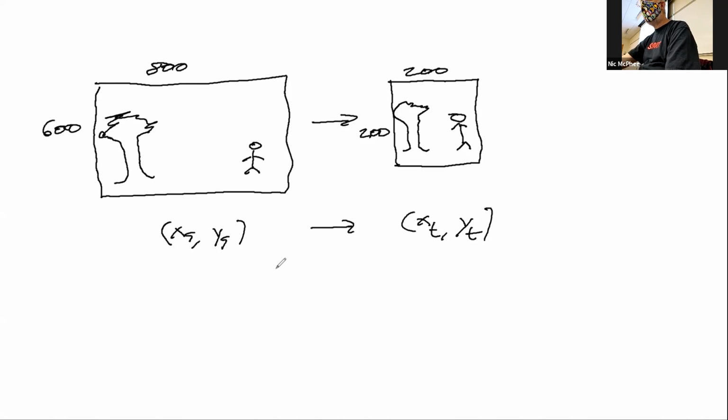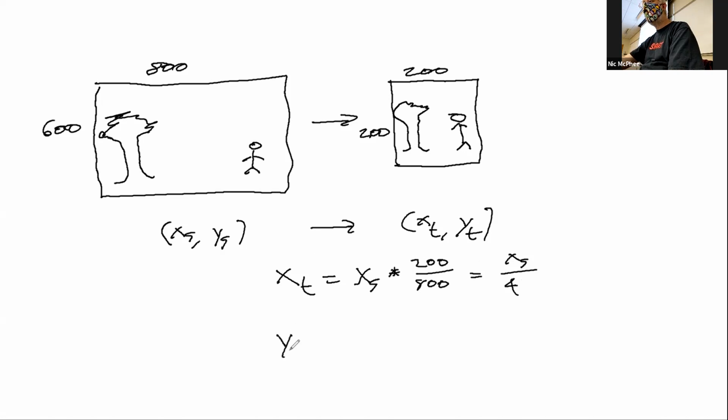So xt is going to be xs times 200 divided by 800, which is xs over 4. So we're going to have to divide by 4 in the x-axis.